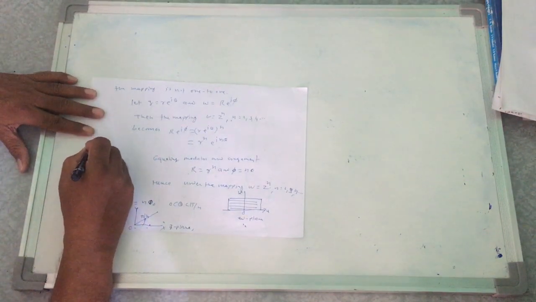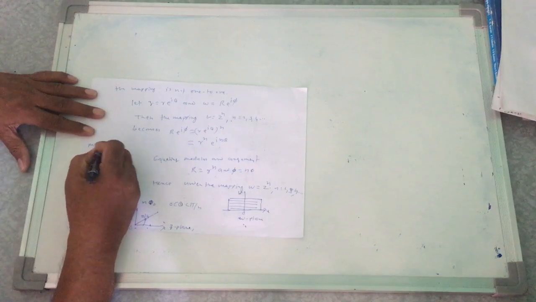This is then the mapping w is equal to z to the power n.